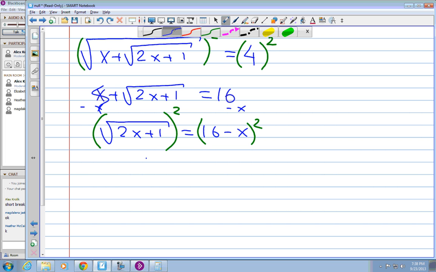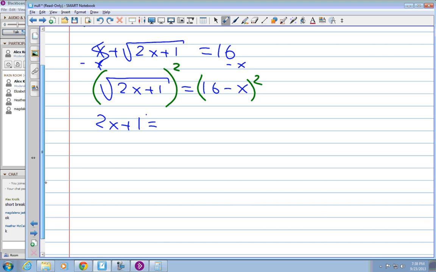On the left, we just have 2x plus 1. While on the right, 16 squared is 256, minus the double product, that's 32x, plus x squared. That 256 just exploded on us there. It's the product of 16 and x and 2, because that's how you square things.